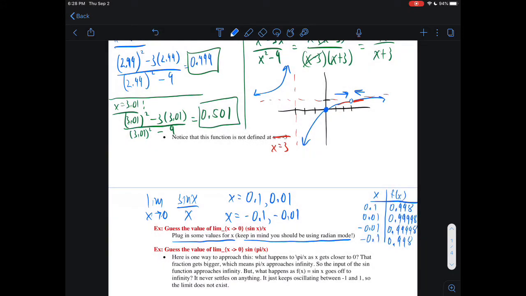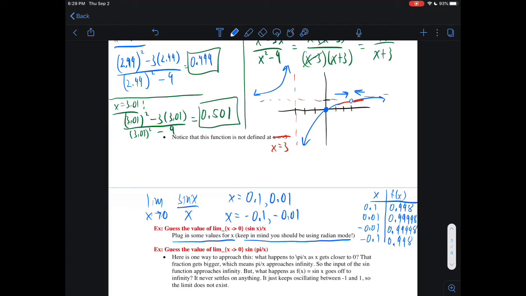So here's a table of values that I get. When I use x equals 0.1, the value of the function is 0.998. When I use x equals 0.01, the value of the function is 0.99998. And I actually get those same values when I use the negative versions of those x values.